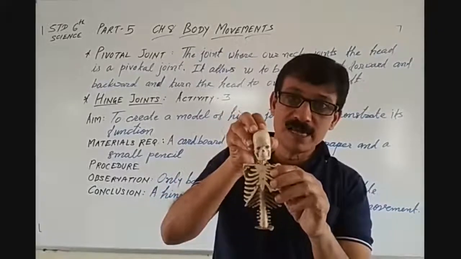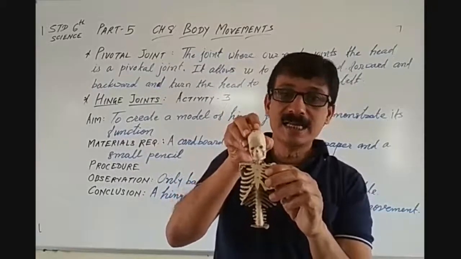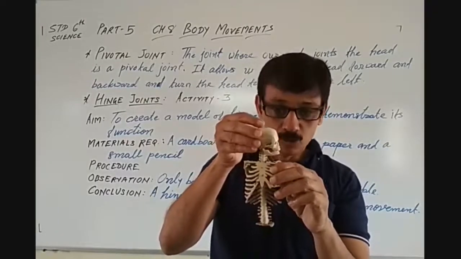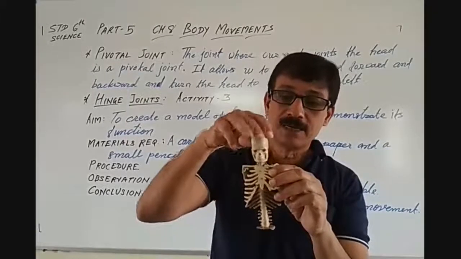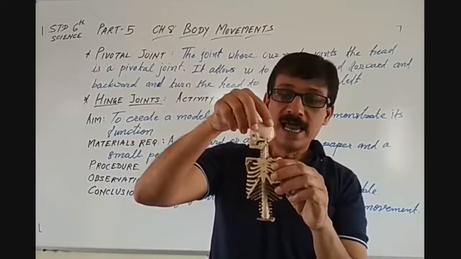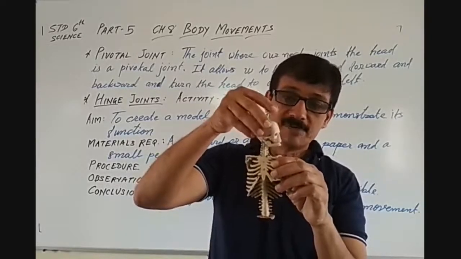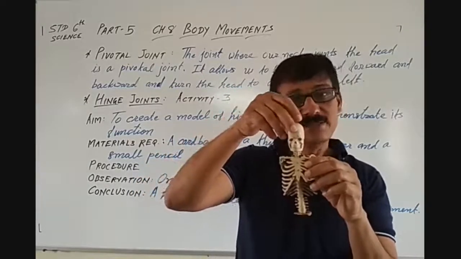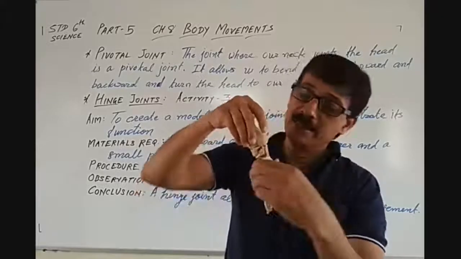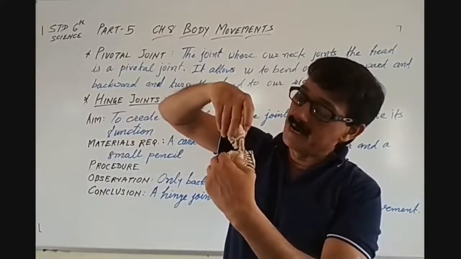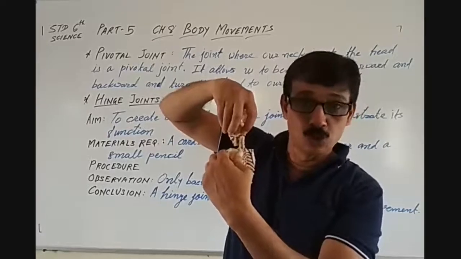I hope you must be understanding. And it allows the head to go to the left or to the right, isn't it? So it allows our neck to move in such directions, and the pivotal joint is available somewhere over here where our neck and head join together.